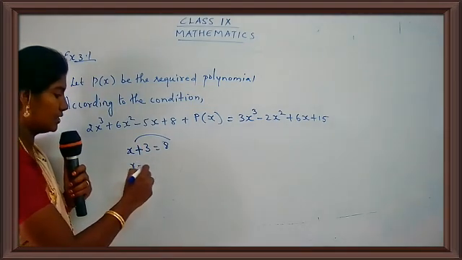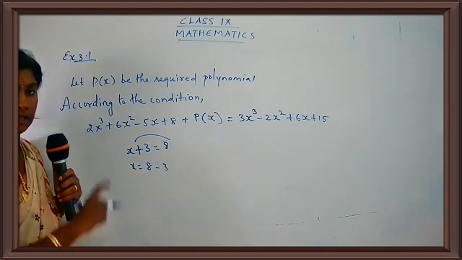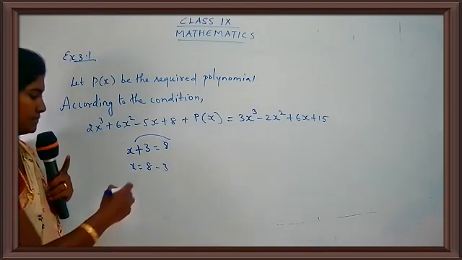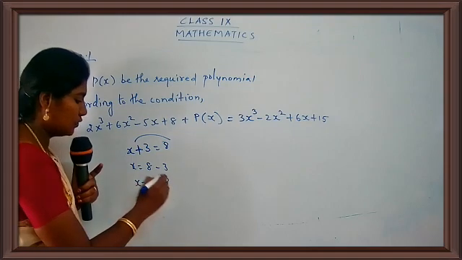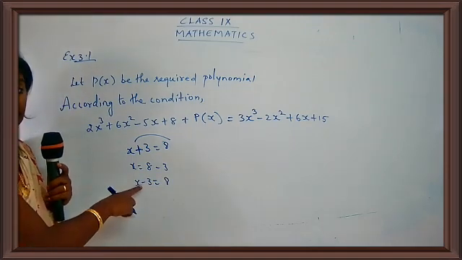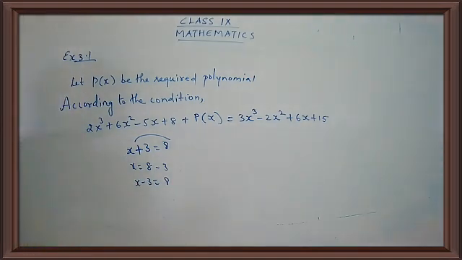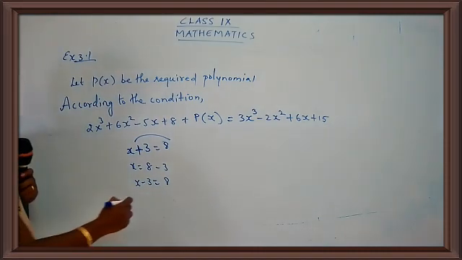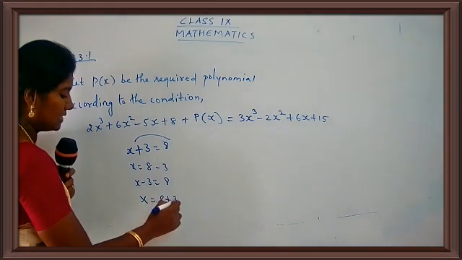So you get x is equal to 8 minus 3. The plus will change to minus. If you have x minus 3 is equal to 8, when the minus sign goes from LHS to RHS, it will change to plus. So you get x is equal to 8 plus 3.